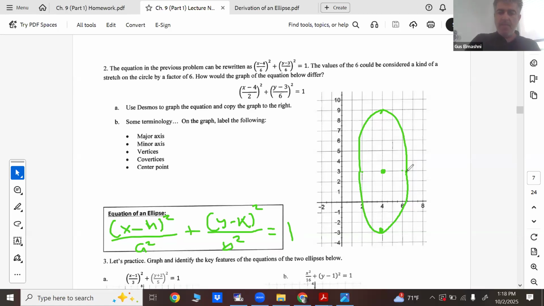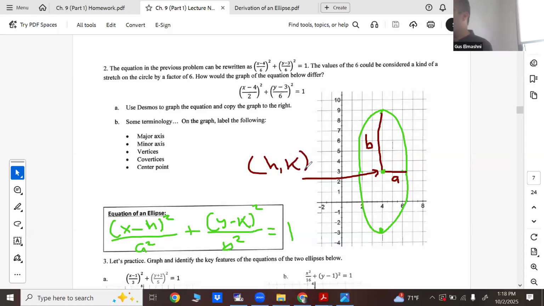And that's going to be a, and that's going to be b. We're okay with that? Okay. And h comma k is right here. If it helps, a goes with x, b goes with y. Alphabetical order, right? That helps. We'll make a the horizontal and b the vertical.